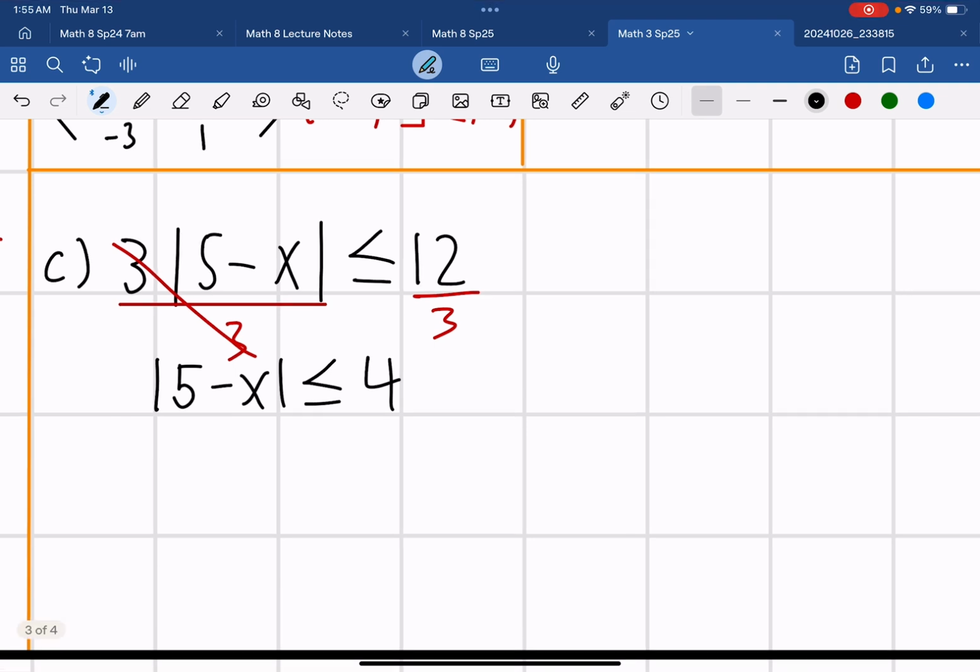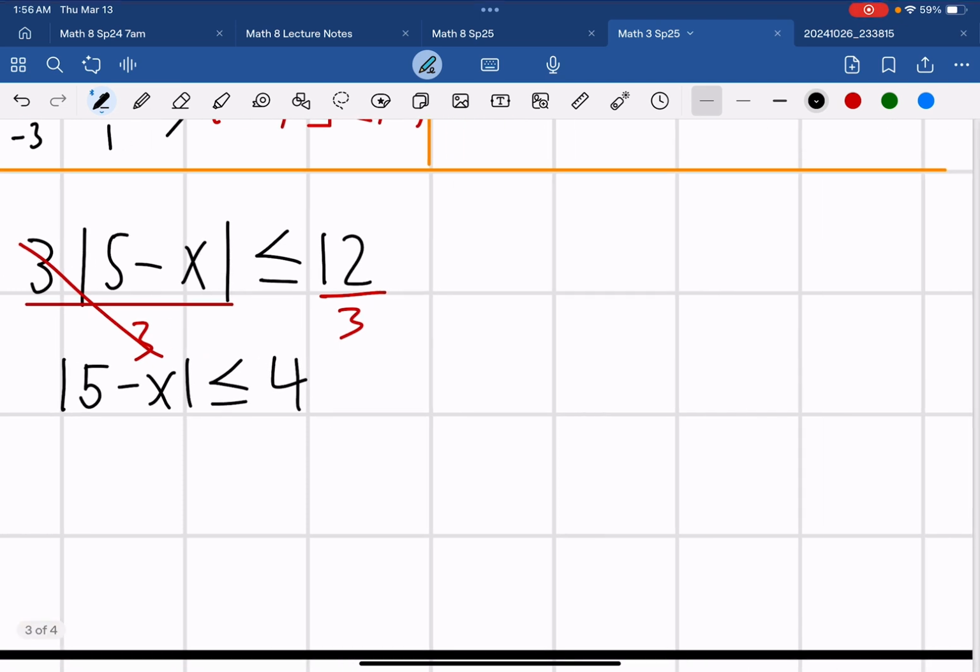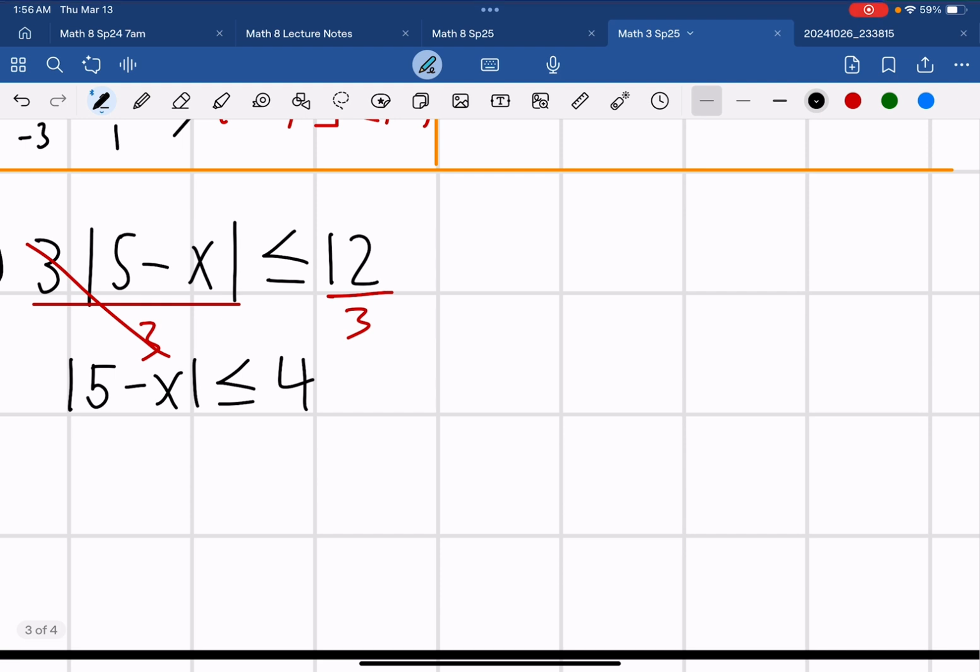So because it's isolated now, I'm going to create our two separate inequalities.